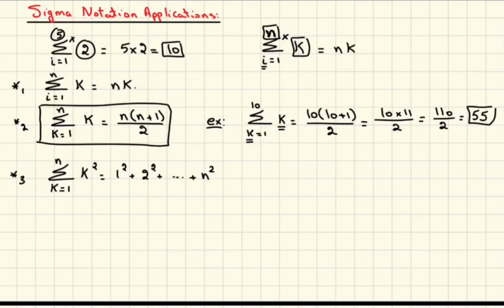Instead of writing it in this way, this has a very nice rule, which is n multiplied by n plus 1 multiplied by 2n plus 1 over 6. You can take this as a rule and apply it whenever you don't have a calculator.